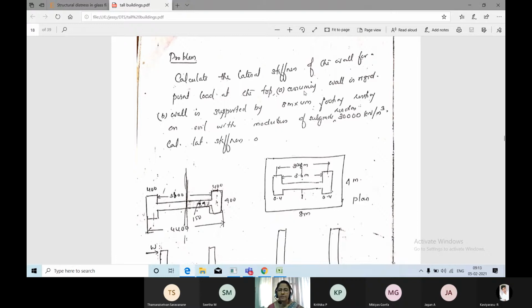So there are two cases given. One is the wall is rigid. In the second, the wall is supported by an 8 meter by 4 meter footing resting on soil with a modulus of subgrade reaction of 30,000 kilonewton per meter cube. In both cases you have to calculate the lateral stiffness.